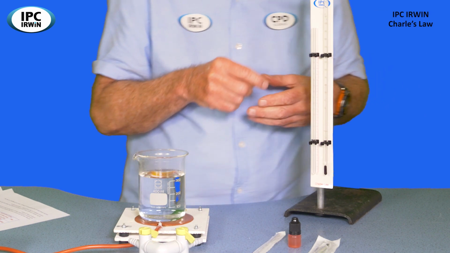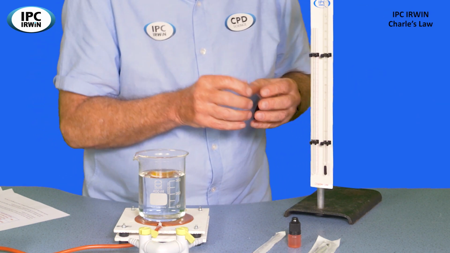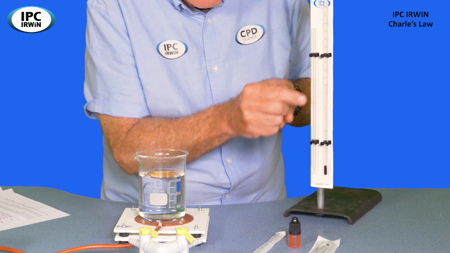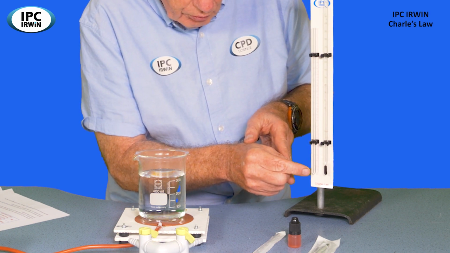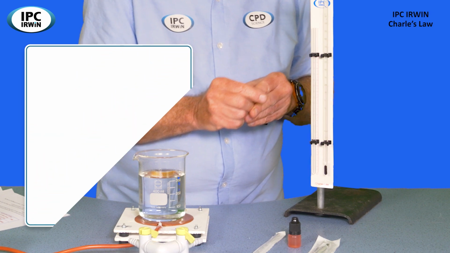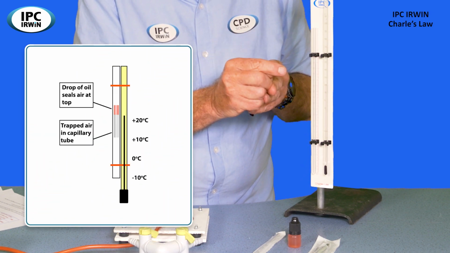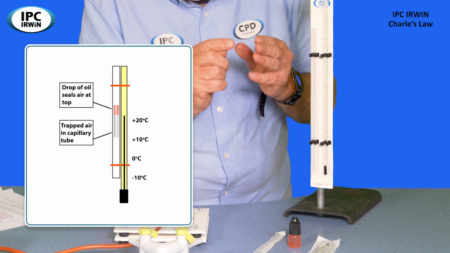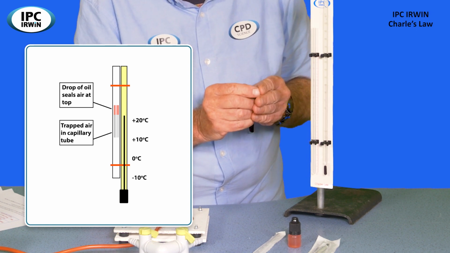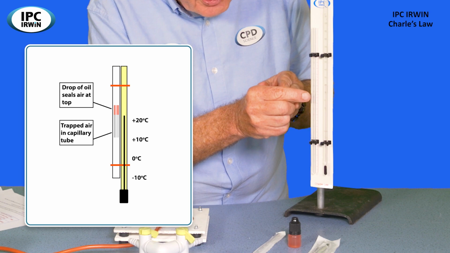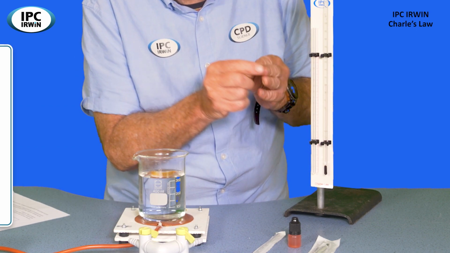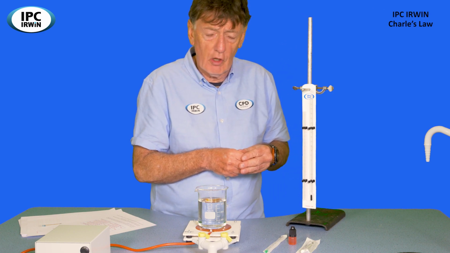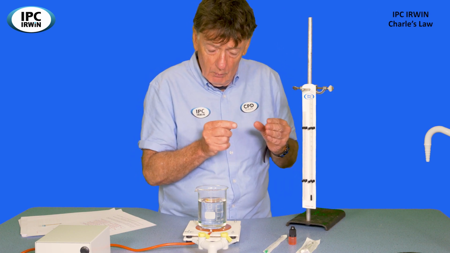Now, if we want the pressure to remain constant, then we need to seal the gas in that capillary tube. It's blocked off at the end there, of course. And to do that, we're going to introduce a little plug of oil, which is a one-off step when you prepare this, into the capillary tube, which will seal the air in place. And I'm going to take you through those stages, initial preparation now.